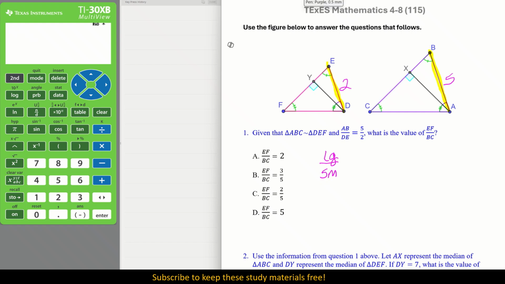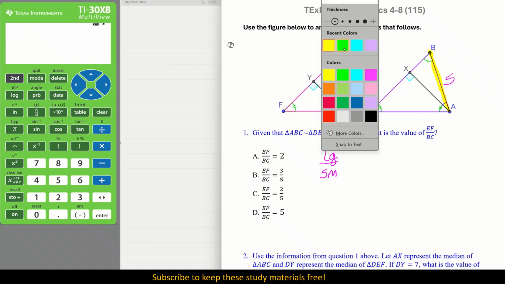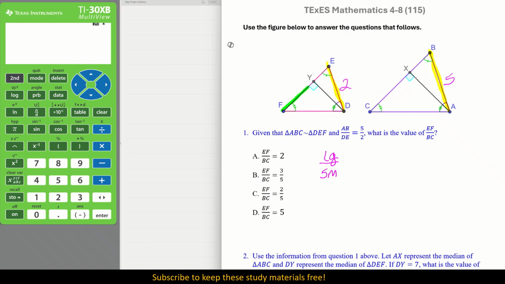Okay. Now let's look at the question itself. It is saying EF to BC. Well, things change there. That's a ratio of small to large, okay? The ratios from each of these corresponding sides, as you should know, stays the same.